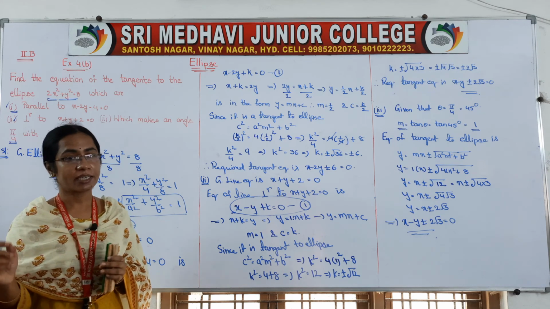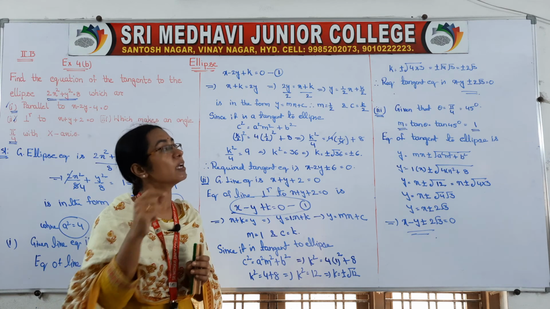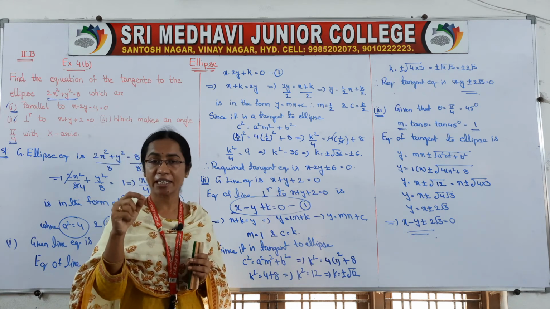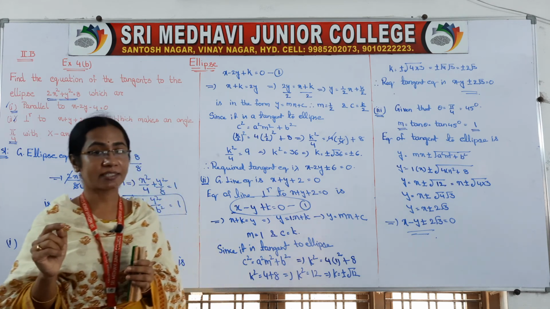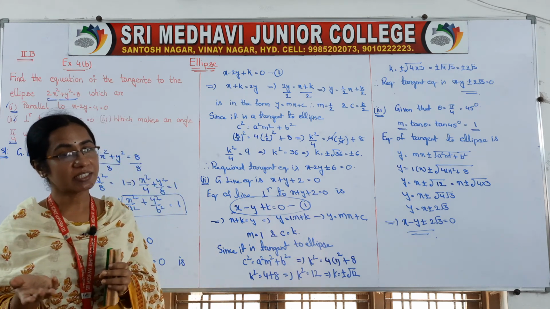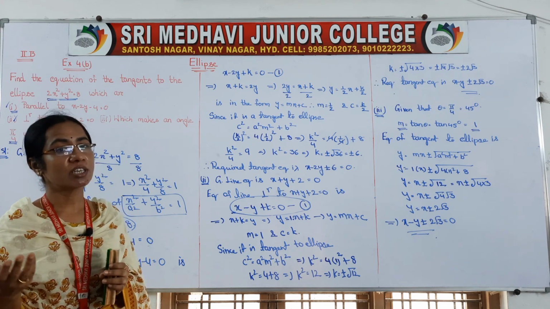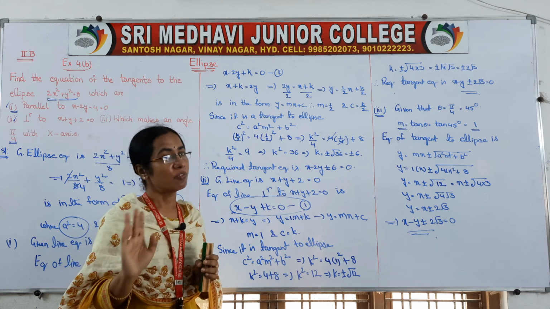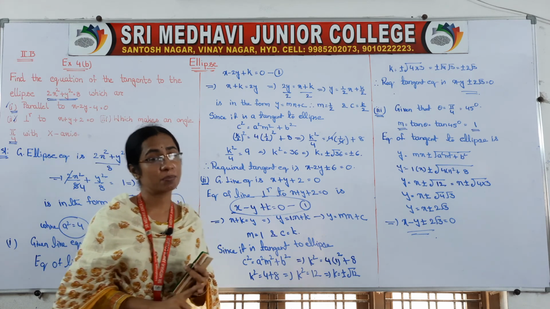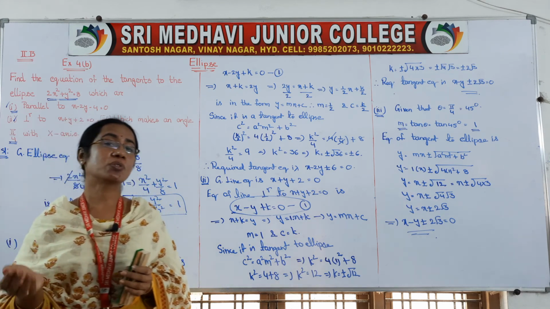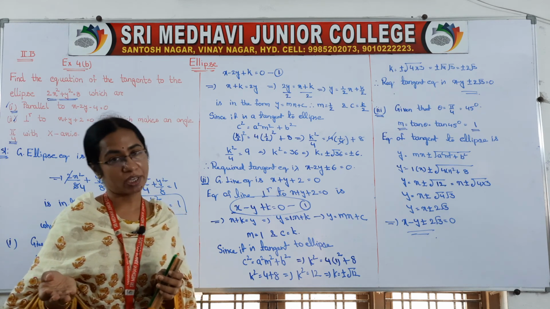Next, the third one: the tangent makes an angle pi by 4, that means 180 by 4, that is 45 degrees, with the x axis. Theta is given to us, so whenever theta is given, we can easily find the slope. m is equal to tan theta. Tan 45 is equal to 1. Once we get the m value, and a square and b square are there, how did we get them? Just reduce the ellipse equation into standard form and find your a square and b square values.